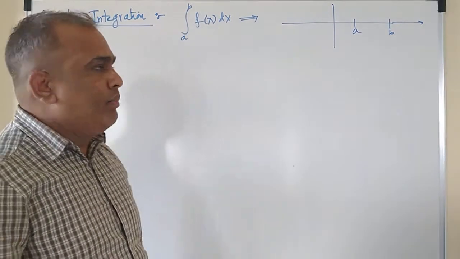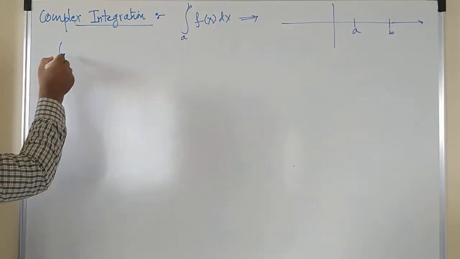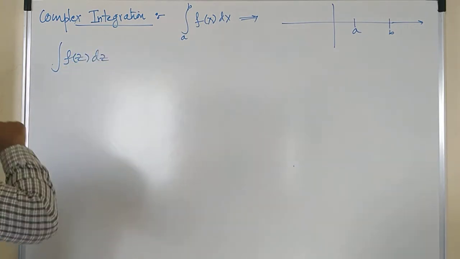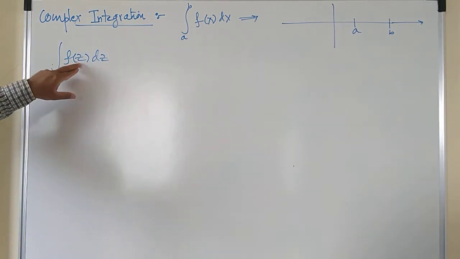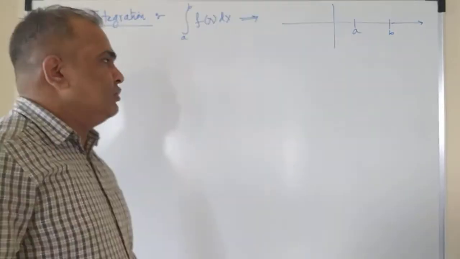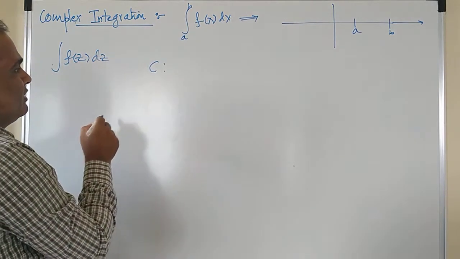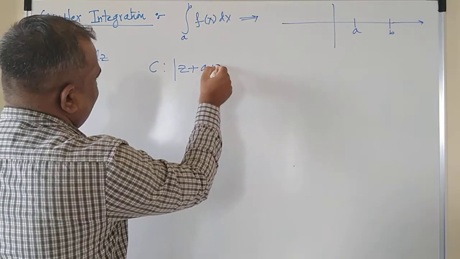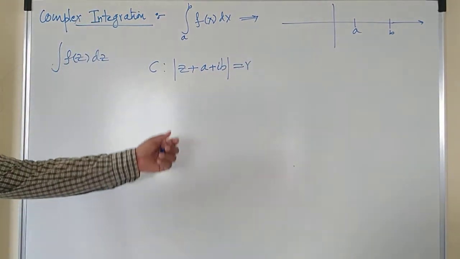Now in case of a complex function, let us consider the complex integral. Let us say integral f of z dz, right? And you have to solve this kind of integral along a curve. A curve is given to you. Suppose the given curve to you is |z + (a + ib)| = r, right?